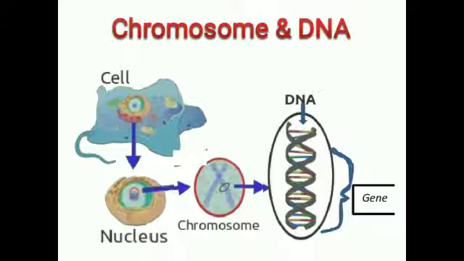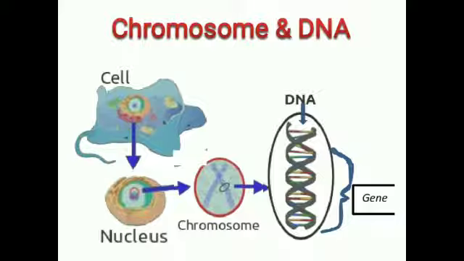DNA stores genetic information and DNA is transmitted from one generation to another generation. And DNA determines what type of characteristic would be developed in an organism. And what is a gene? Genes are responsible for the expression of all characteristics and the genes are located on the chromosome.